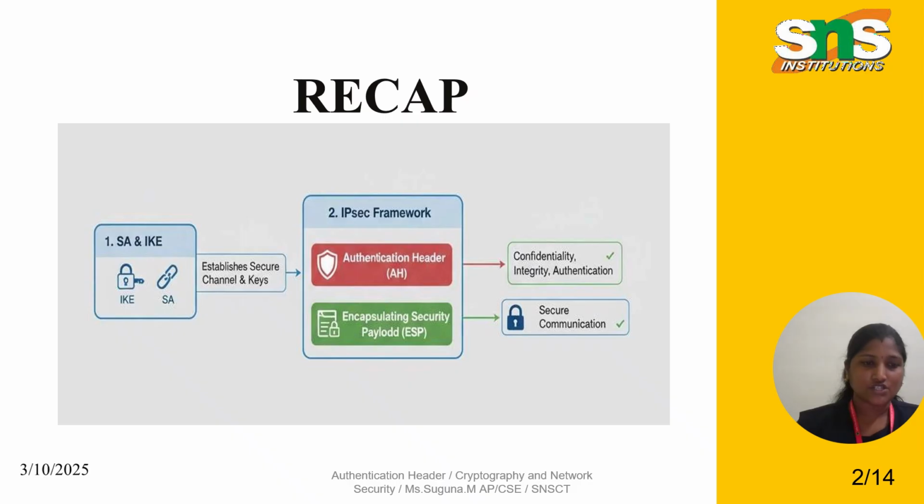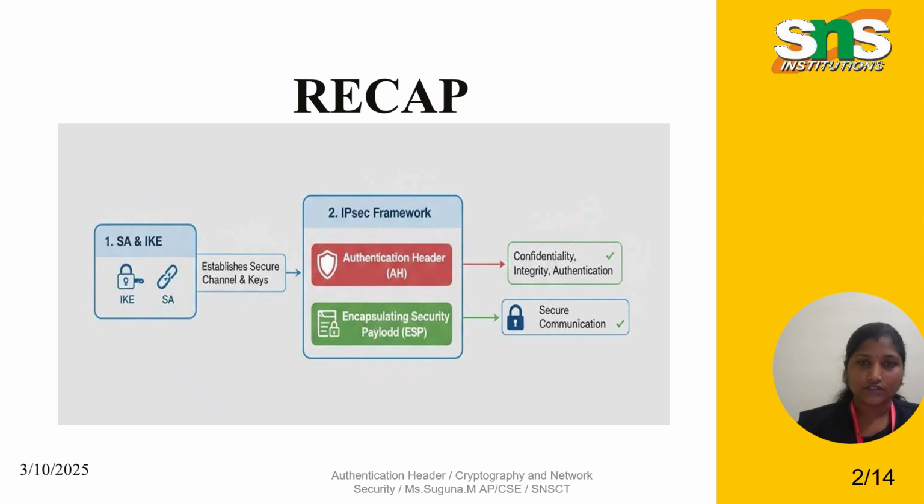In earlier sessions, we learned how data traveling across a public network can be intercepted, modified or misused. We studied the IP security architecture, which is a framework that protects the data at the IP layer. The authentication header and ESP, the encapsulating security payload, are the two core components that make IP security more powerful. Now let's see why they are needed.